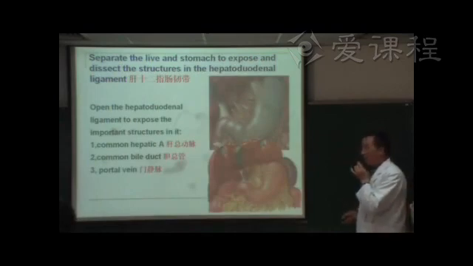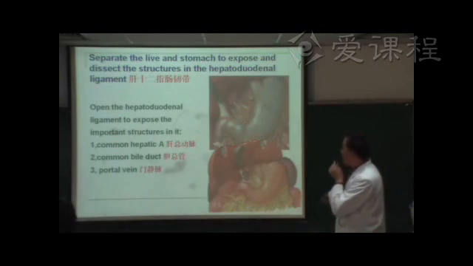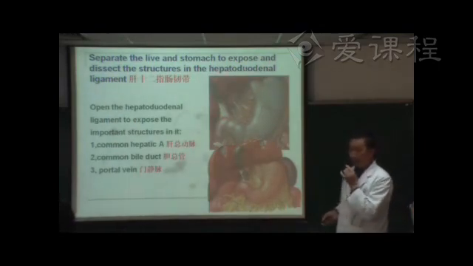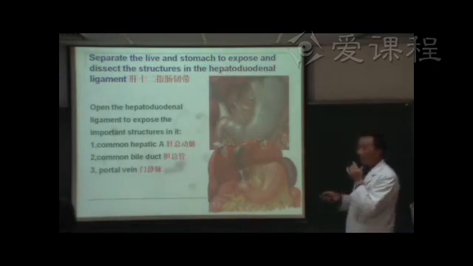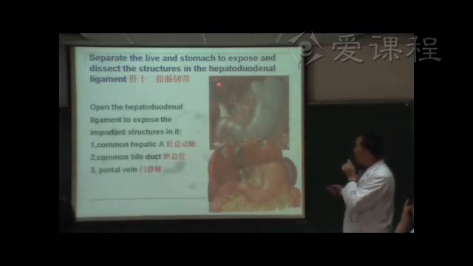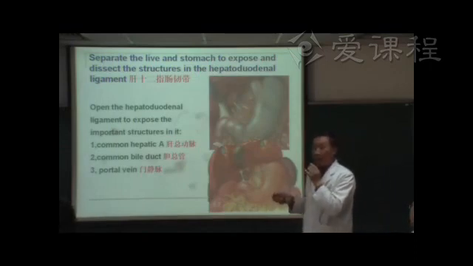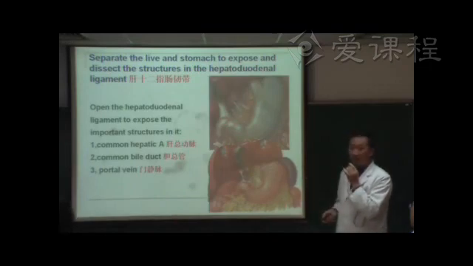Then you should dissect the structures within the hepatoduodenal ligament. Read this term. Hepatoduodenal ligament. What is the hepatoduodenal ligament? It is one part of the lesser omentum.